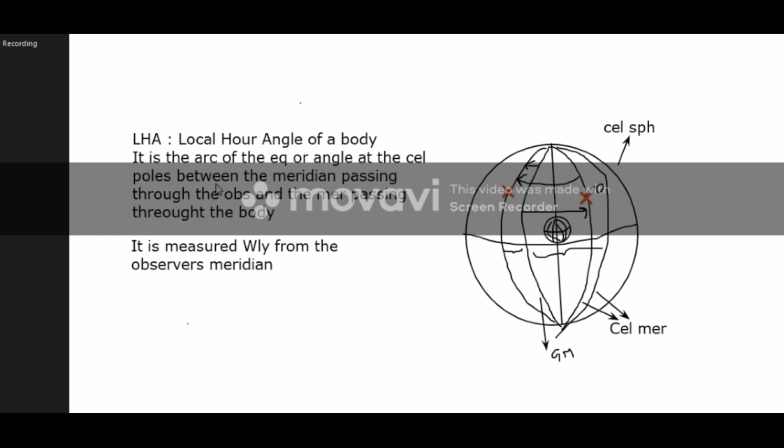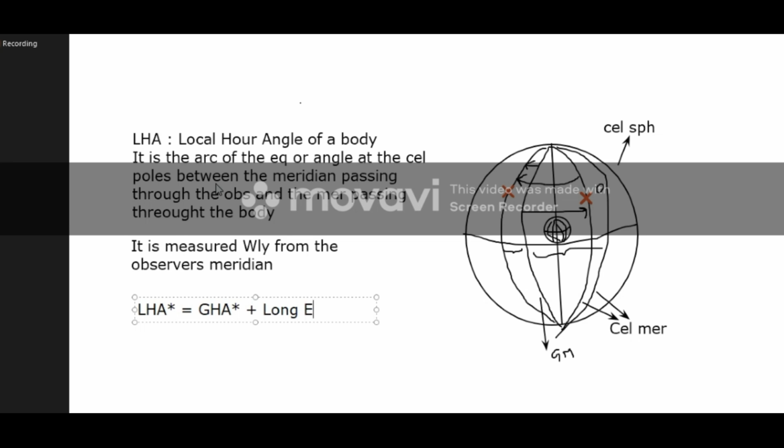अगर ये ऑब्जर्वर का मेरिडियन, अर्थ मेरिडियन, प्रोजेक्ट किया सेलेस्टियल स्फीयर में, अगर ये ग्रीनविच मेरिडियन है तो ये लॉन्गिट्यूड ईस्ट हो गया ना? Yes, correct. That is why when you know the GHA of the body, you can find out the LHA by saying that LHA star is equal to GHA star plus longitude east.